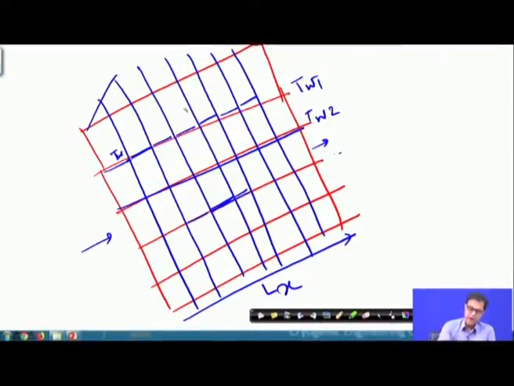Now, at any particular cross section, if we consider this particular location, we want to look at the separating wall plate temperature between these two points.